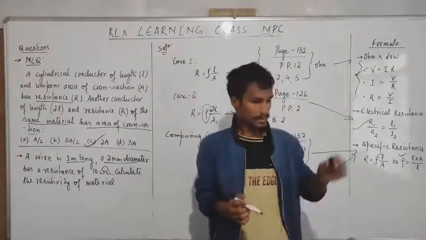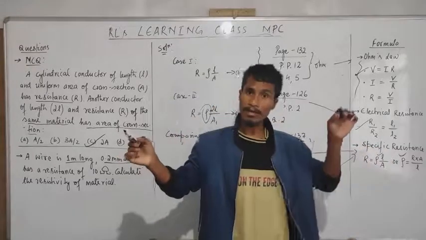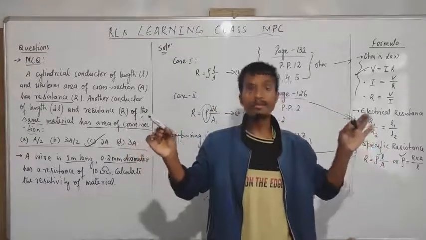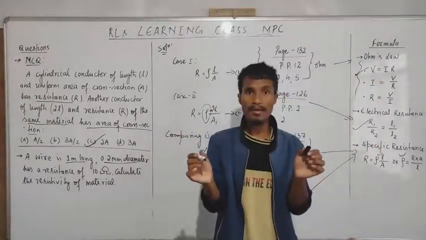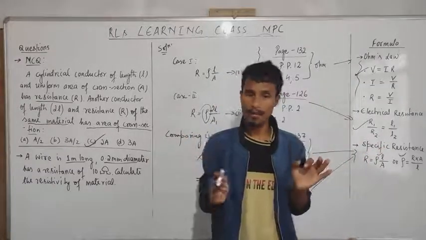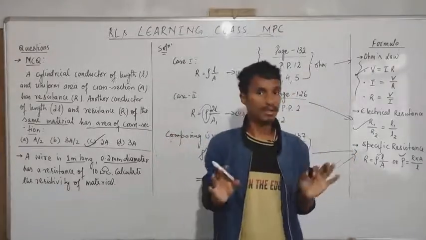But if this is one conductor and this is another conductor, say this is copper and this is aluminum, then the resistivity will be different. But if this is also copper, then the resistivity will be the same. Whether this is big or small, resistivity remains the same.